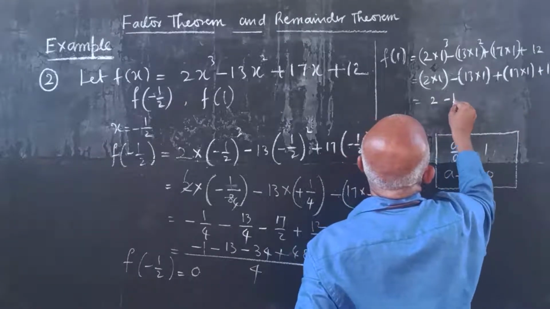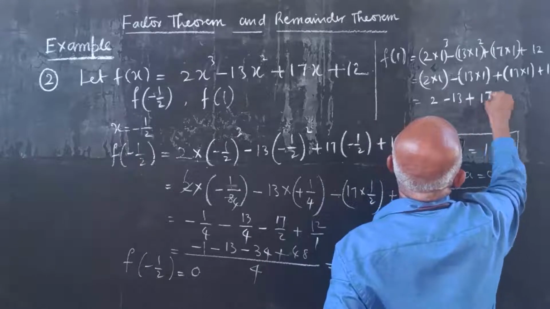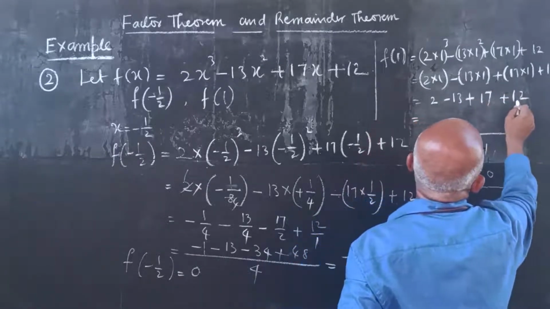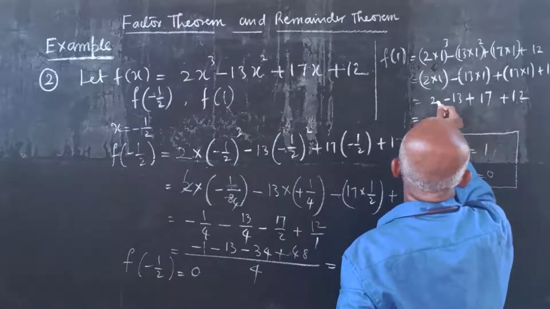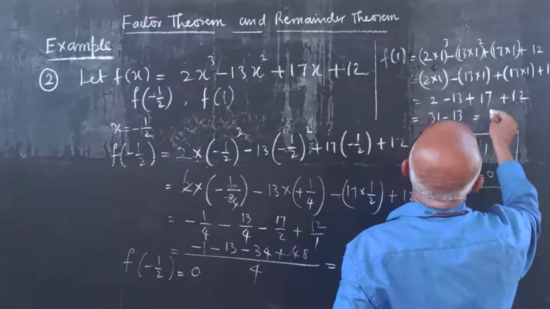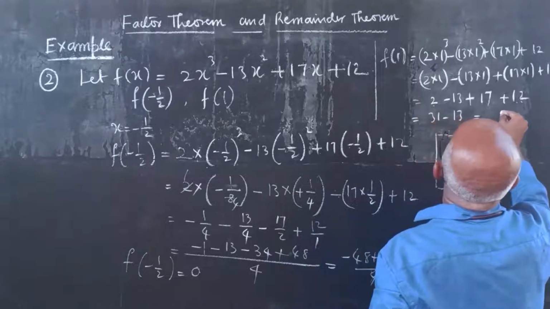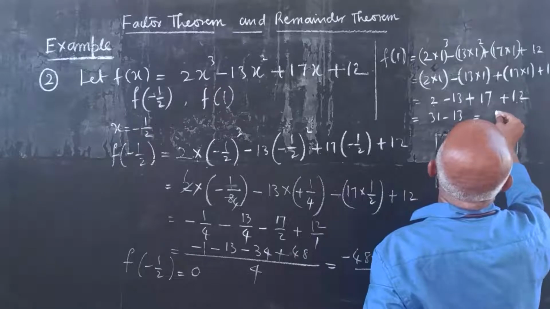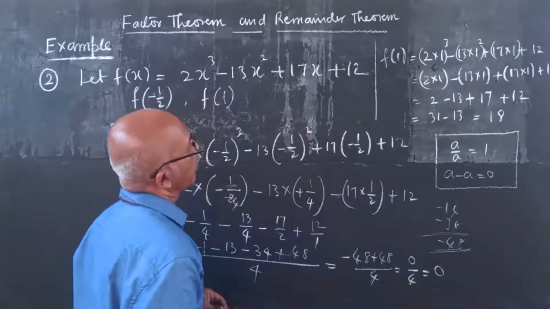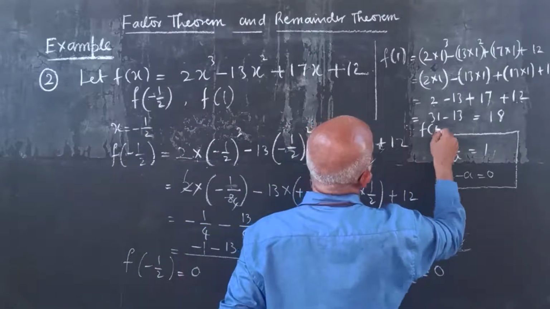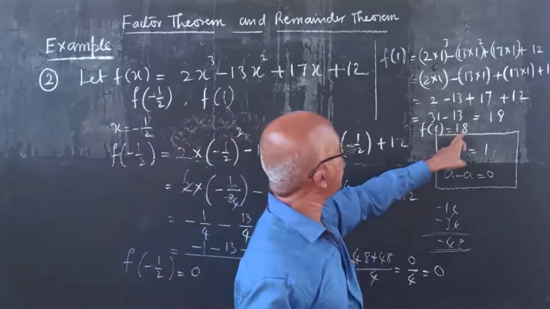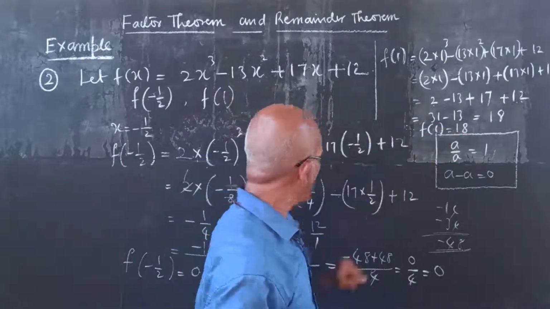That is 2 minus 13 plus 17 plus 12. So 2 plus 17 is 19, plus 12 is 31, minus 13 is 18. So therefore f of 1 is equal to 18. So 18 is the value of the polynomial f of x at x is equal to 1.